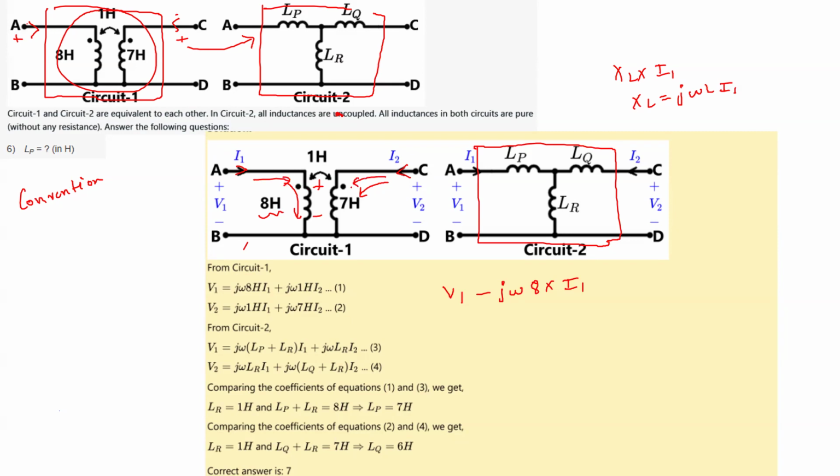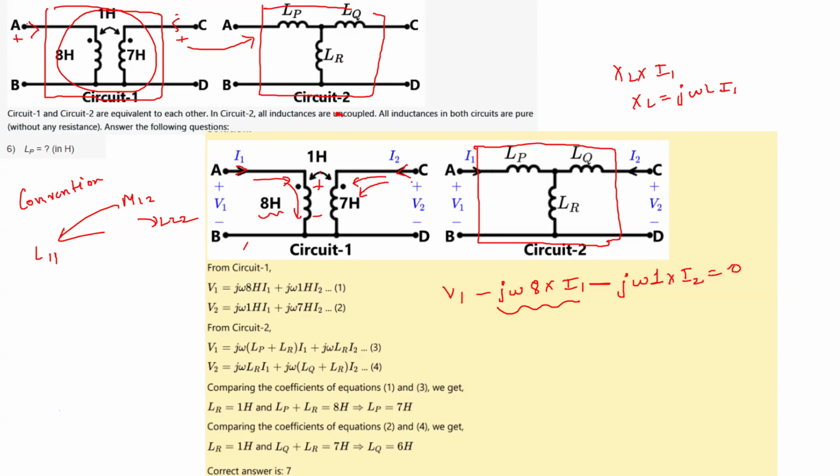Current entering in both the dots means this mutual inductance M12 should support L11 and L22, meaning whatever is the direction of L11, it should continue in the same direction. Here the direction was negative, so here also it should be negative. Minus j omega 1 into I2 equal to 0.